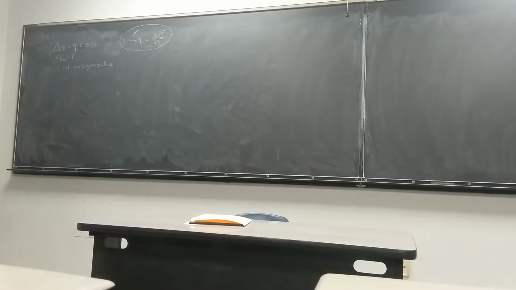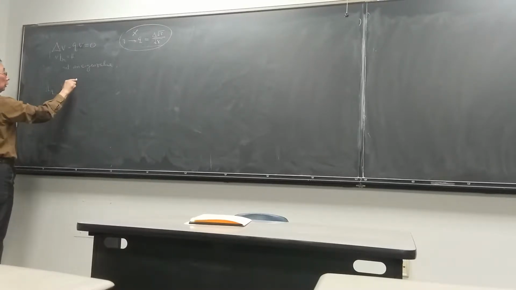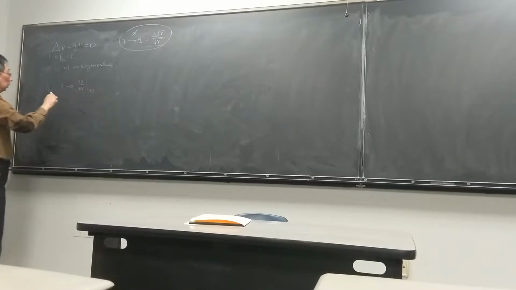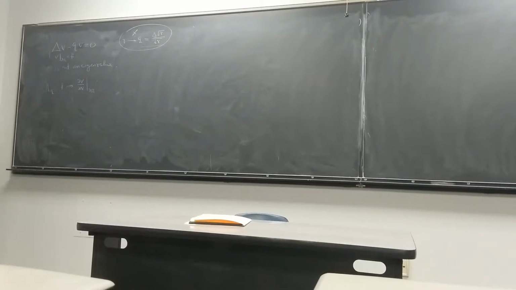Then you can define the linear map for these equations, lambda Q, from f to the normal derivative of v, partial v over partial n, on the boundary. So this is the corresponding linear map for the Schrodinger equations.